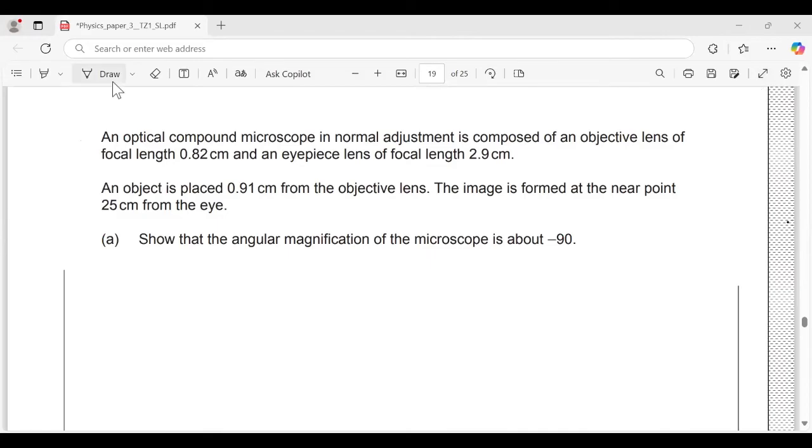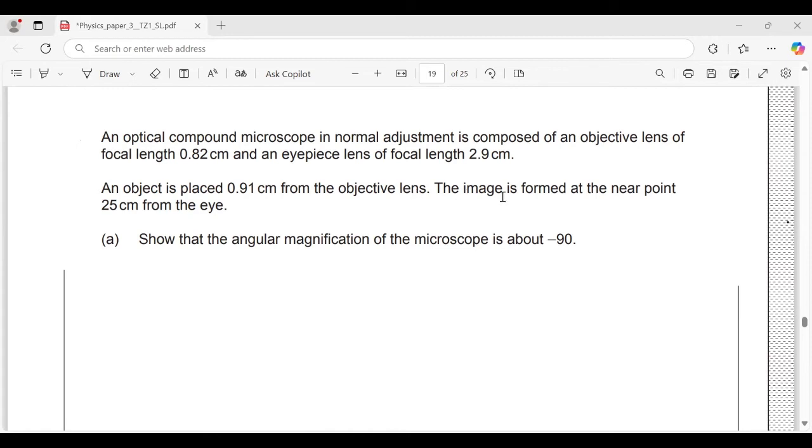An optical compound microscope in normal adjustment is composed of an objective lens of focal length 0.82 centimeters and an eyepiece lens of focal length 2.9 centimeters. An object is placed 0.91 centimeters from the objective lens.